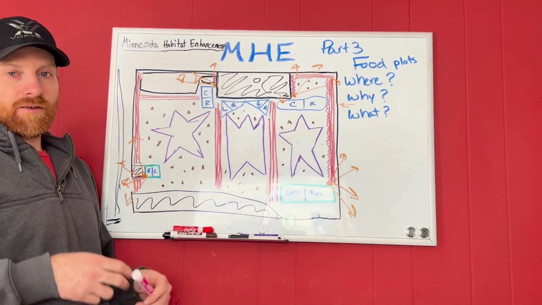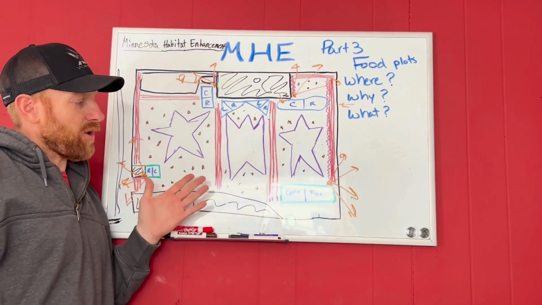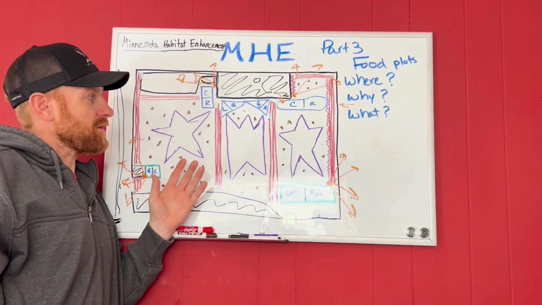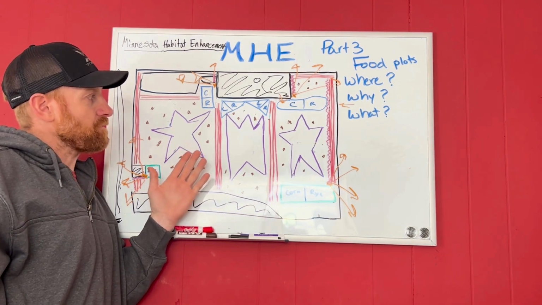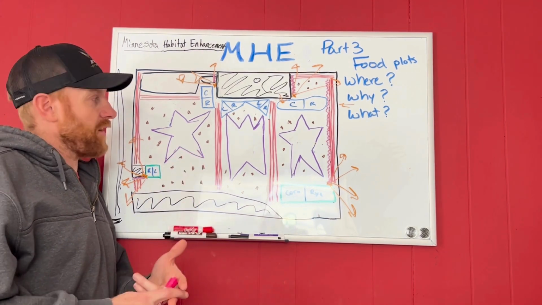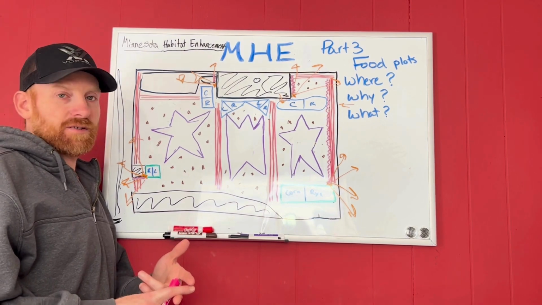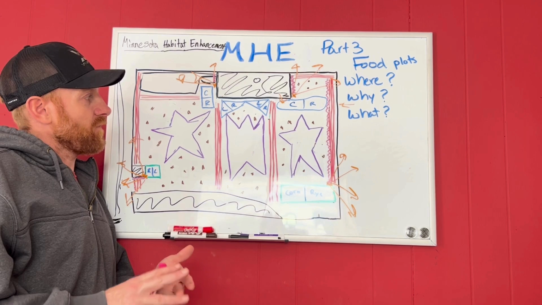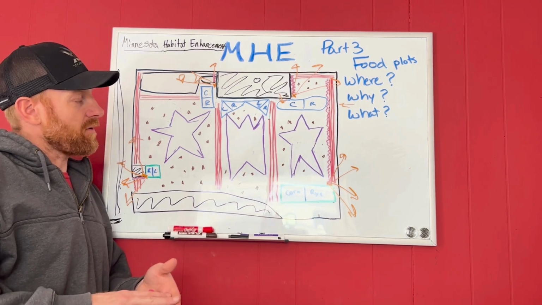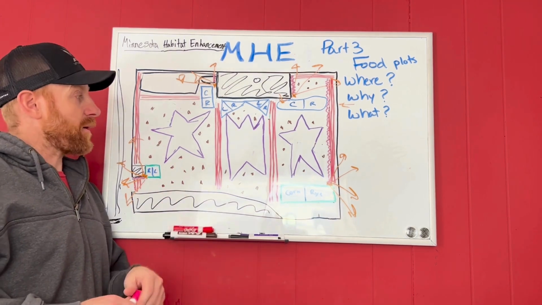On the next one, we're going to cover screening our plots, because we're going to screen all these plots. We're going to cover trail camera points, where we're putting trail cameras, and we're going to add water to the property, because this property lacks water.